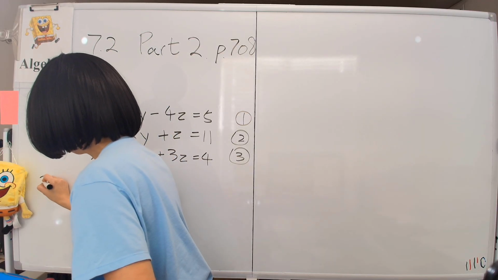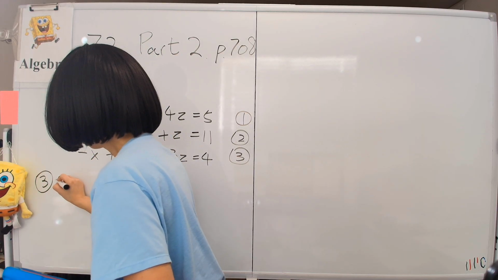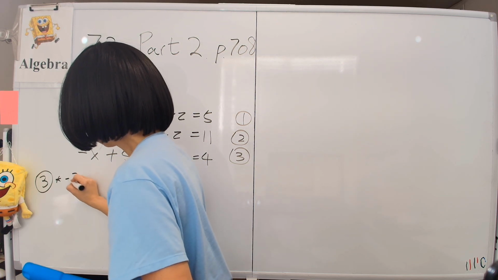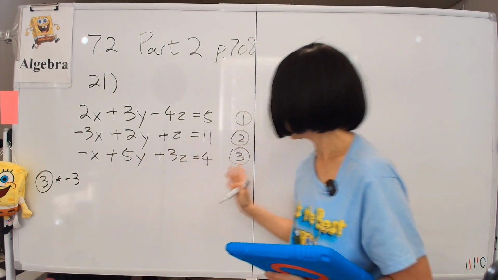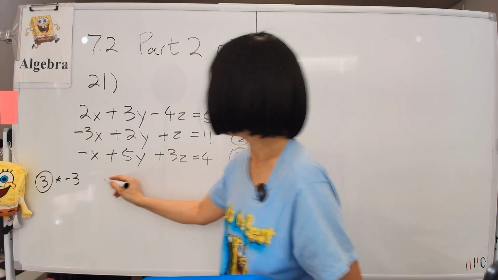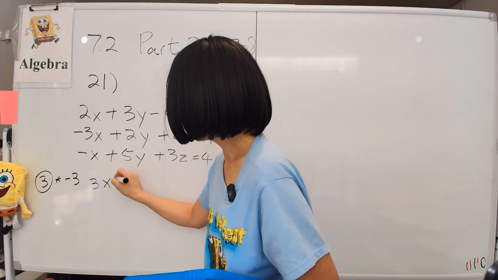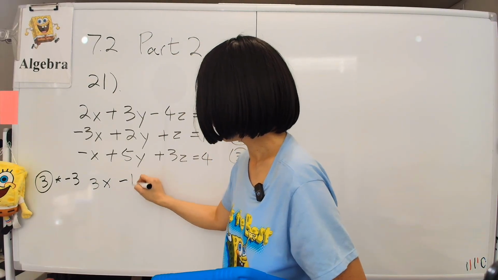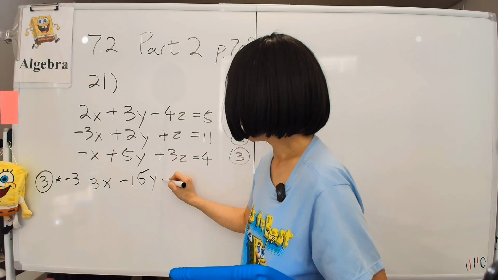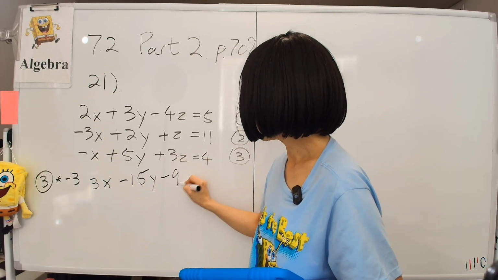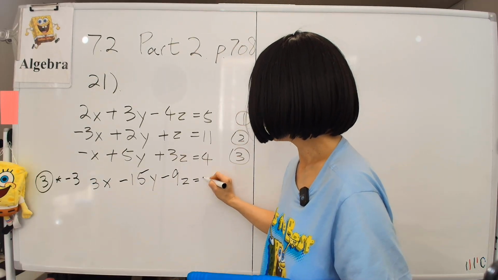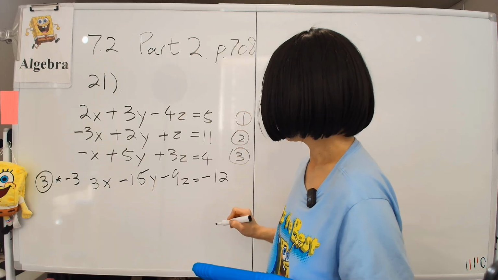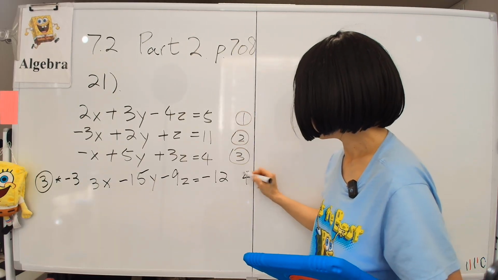So this times minus 3 will give us 3x, and then minus 15y, minus 9z equals negative 12. Okay, and we'll call that equation 4.